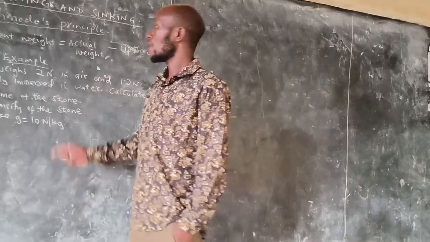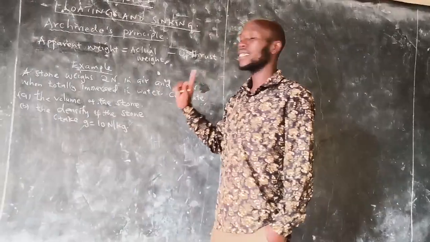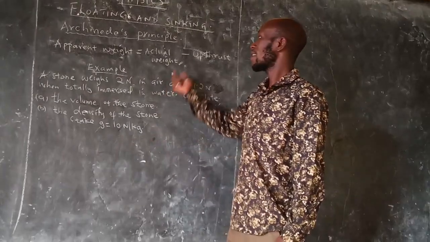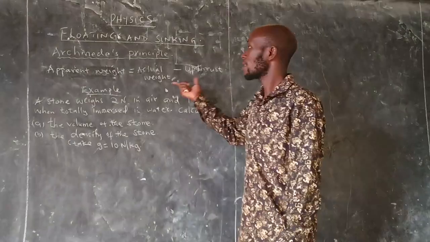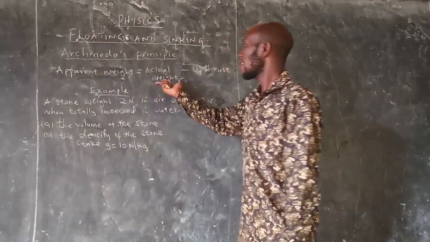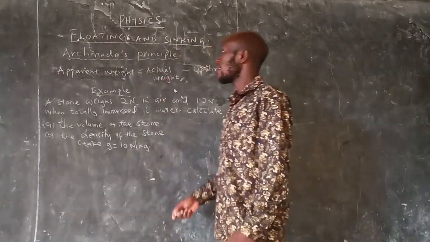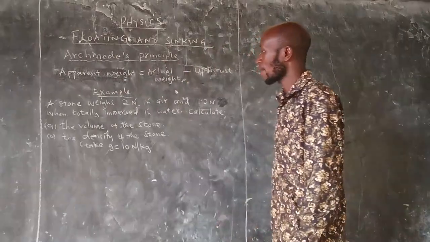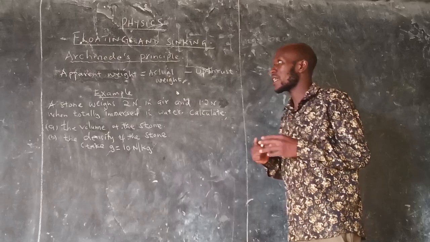Now, we will look at this example here, and this example will summarize the upthrust force, the apparent weight, and the actual weight as is stated by Archimedes' principle. Now, remember what we said about Archimedes' principle.